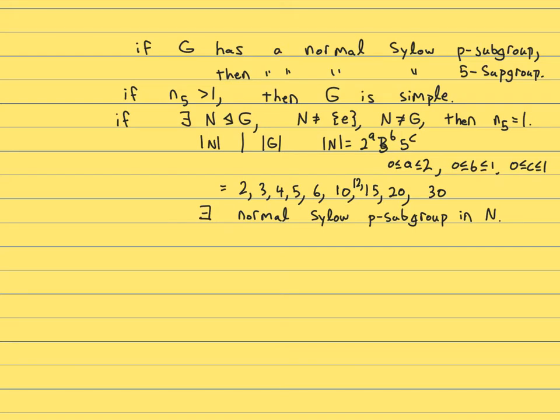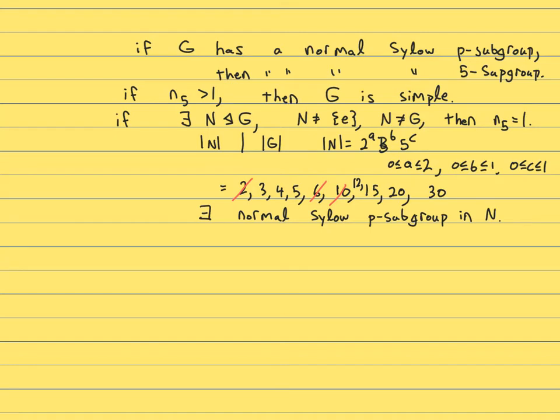Let's ignore the cases with just 2's for right now. We'll come back to that. In other words, if you're a multiple of 2, then you're actually a multiple of 4 for your order. There's a reason I'm excluding that for right now.